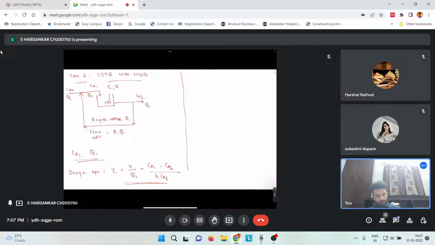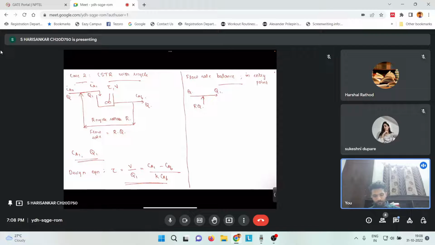Right. Now let us take a flow rate balance throughout the system, or at the entry point. So basically this part. So this was Q, this was RQ, and this became Q1.